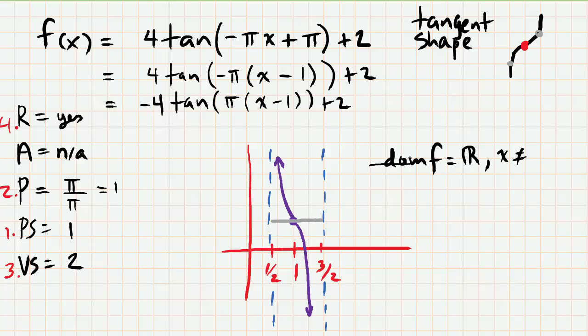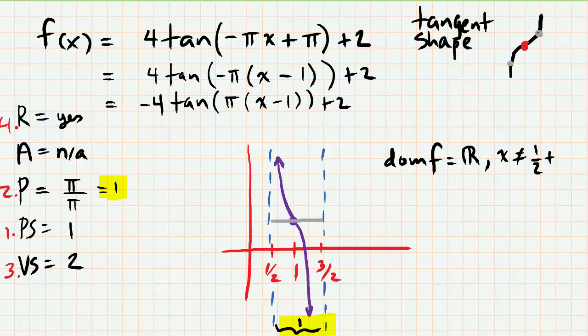Well, what we need to do is take a look at the asymptotes. So x cannot be an asymptote. So we figure out the first asymptote, which is 1/2. And then we have to figure out how far apart consecutive asymptotes are. And for the tangent function, consecutive asymptotes are exactly the period apart. So that distance right there is 1 unit.